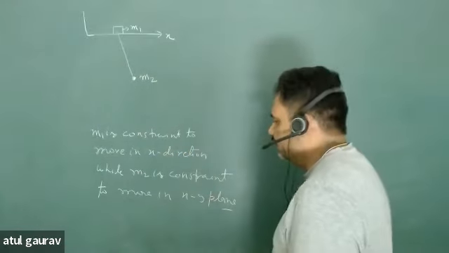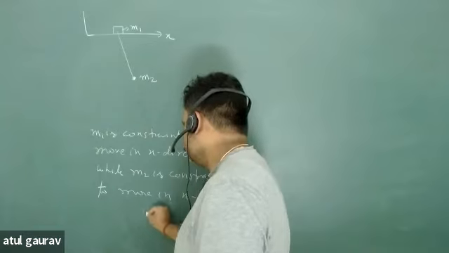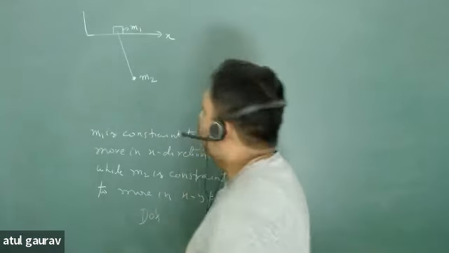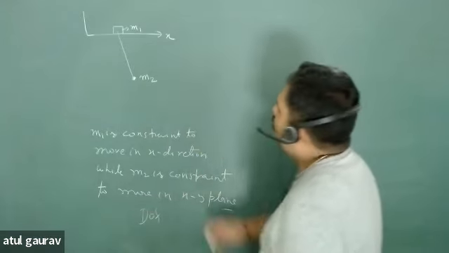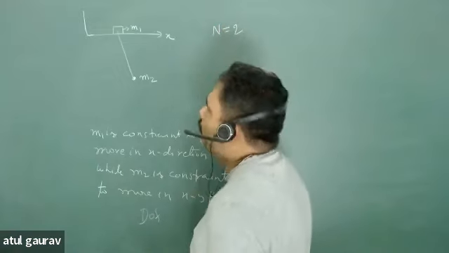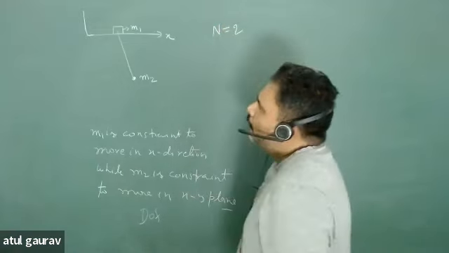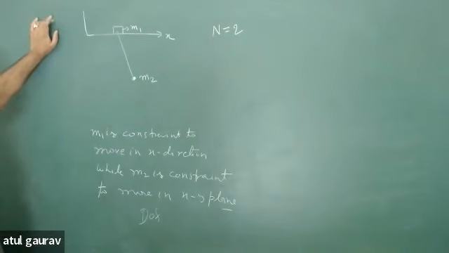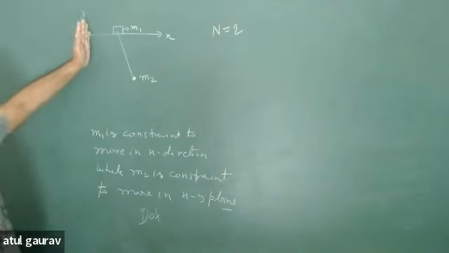So we have to find the degrees of freedom. How many particles are there? N is equal to 2. Now, where should the origin be? Should I take this as the origin? No, sir, because it is moving.